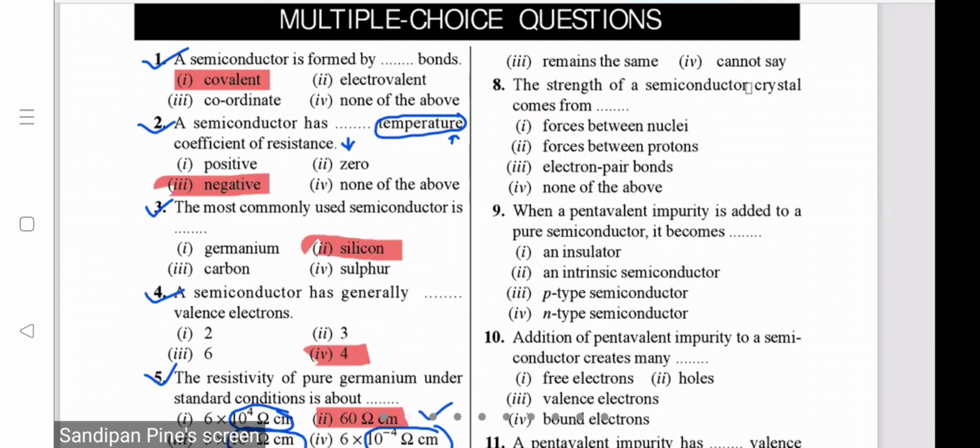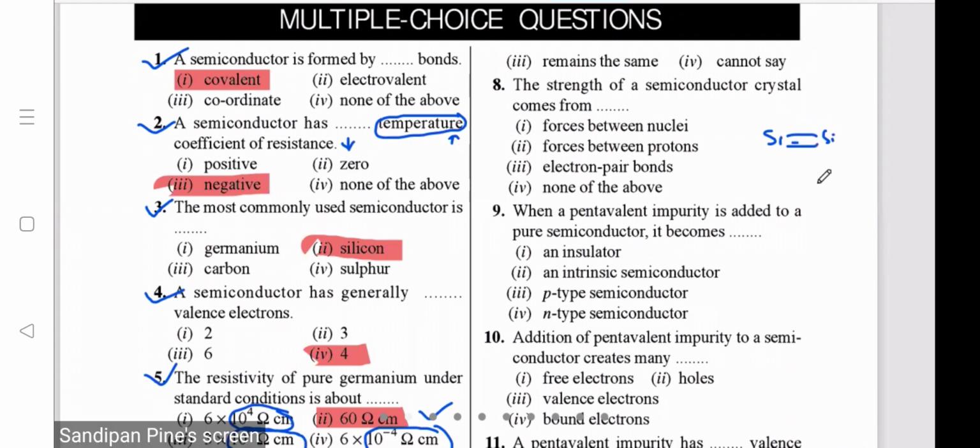The strength of a semiconductor crystal comes from forces between nuclei, forces between protons, electron pair bonds, or none of the above. We know for silicon or any semiconductor, its force is its covalent bonding only. It depends on how much strength it has in the bond.